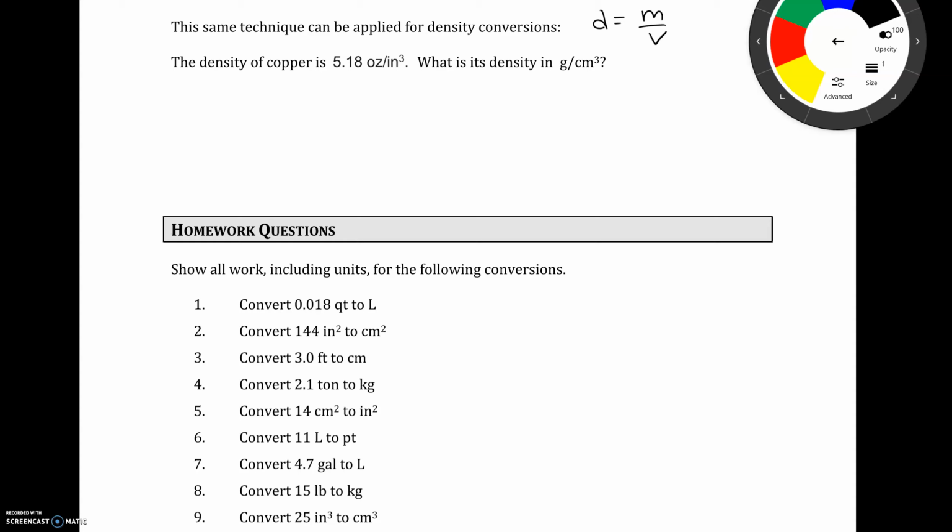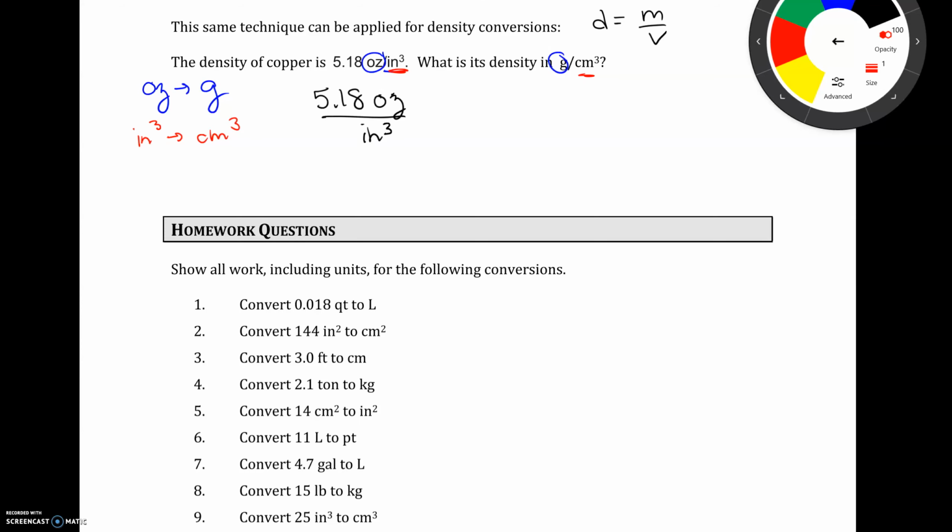And so if I start off with 5.18 ounces per cubic inch, and I want to convert to grams per cubic centimeter, what I have going on is a conversion between a mass from ounces to grams, and then I also have a conversion in volume from cubic inches to cubic centimeters. Good thing is we've done both of those types of conversions before. We just have to figure out how to set it up.